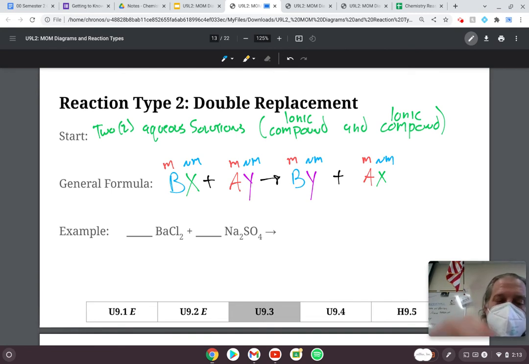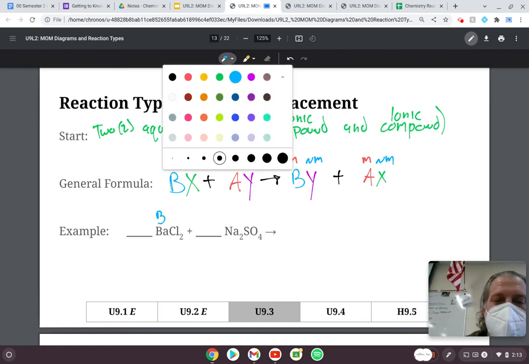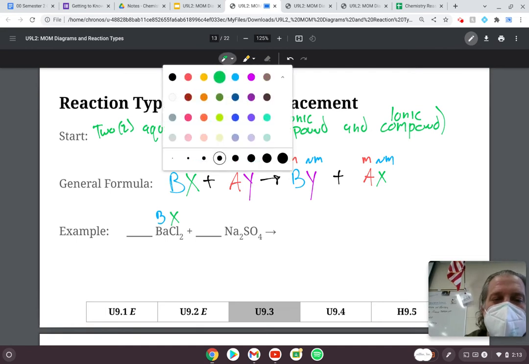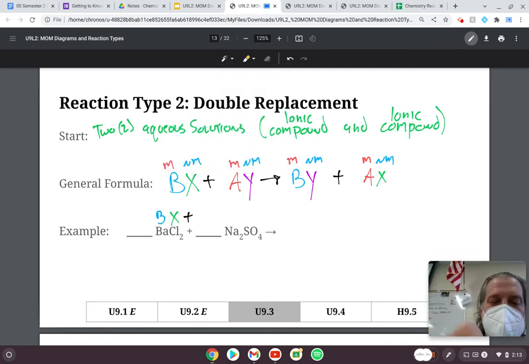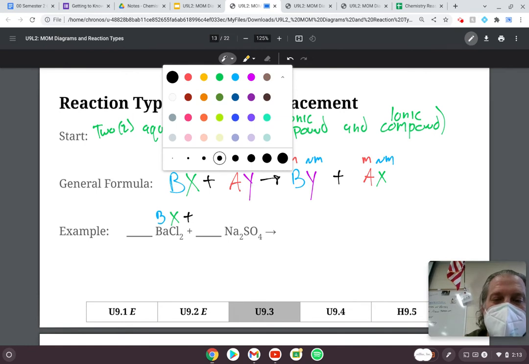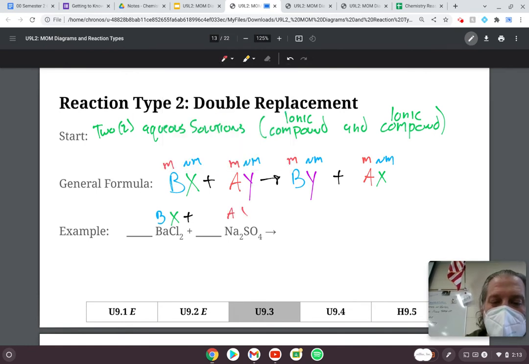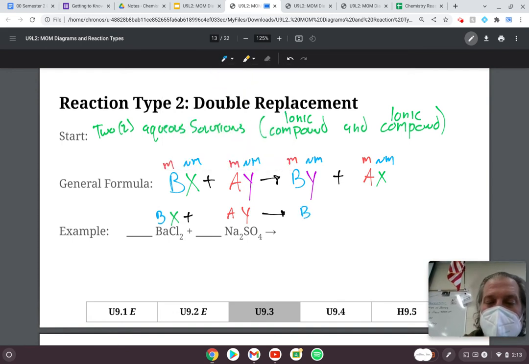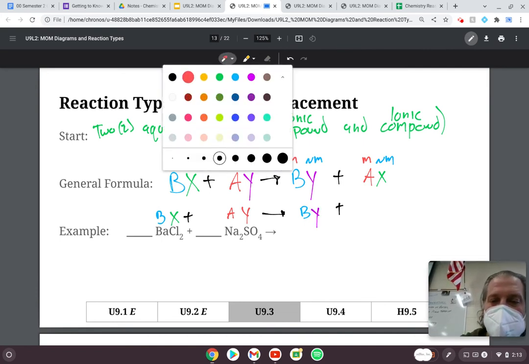Now, this general formula or generic template really allows me to identify what matches up with what on the other side. So if I have Bx reacting with compound Ay, on the other side, I'm going to get By and Ax.